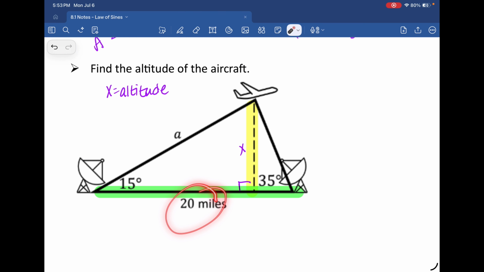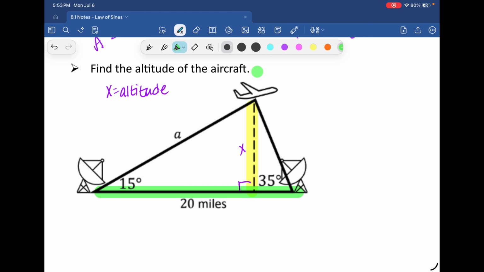I have the base. I need the height. I don't have that. But what I do know is this angle from the satellite to the plane is 15, and this angle from that satellite to the plane is 35 degrees. And I know this distance. So what we have is angle, side, angle.